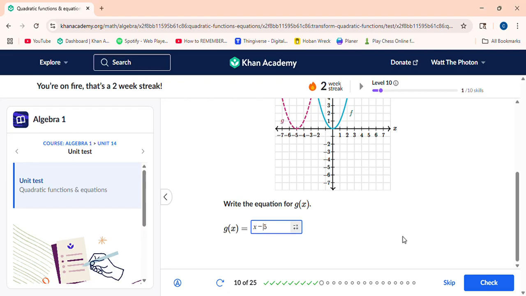Does this work? I think this will be plus 5, because then the root would have to be -5. I think that's it.